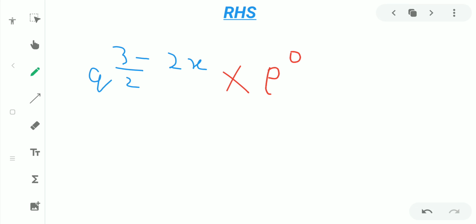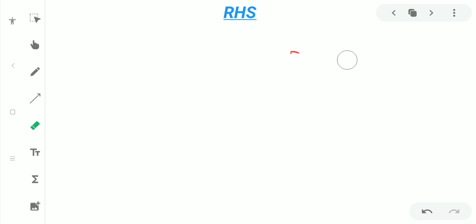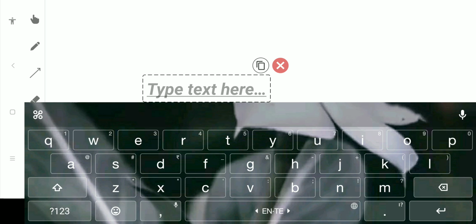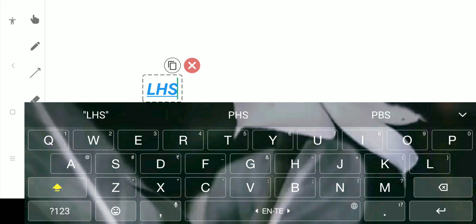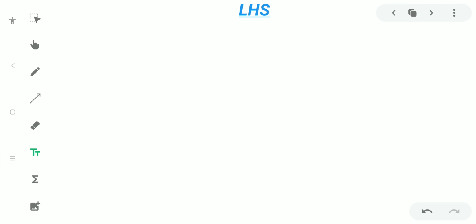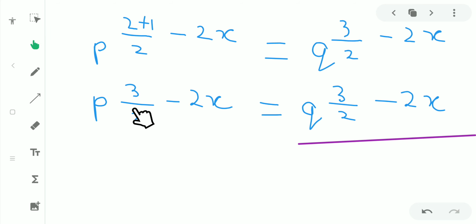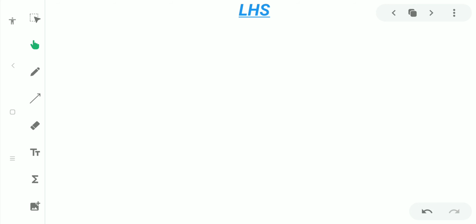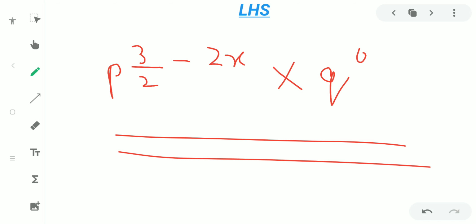Anything power 0 is equal to 1 where the base is not equal to 0. So I will write like this, and in the same way I'll do it for LHS. So it will be p power 3 by 2 minus 2x into q power 0.